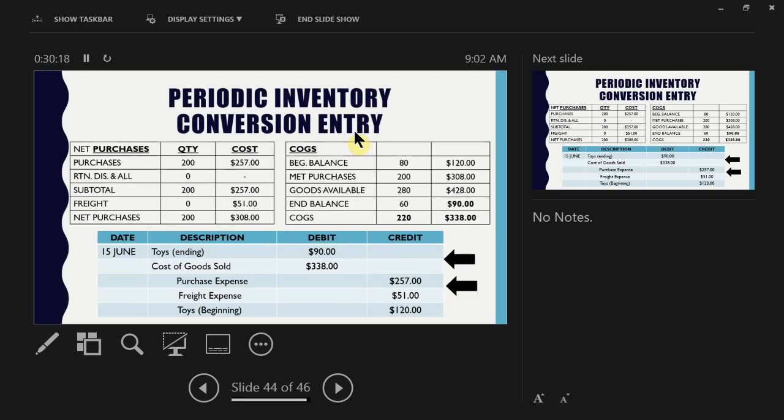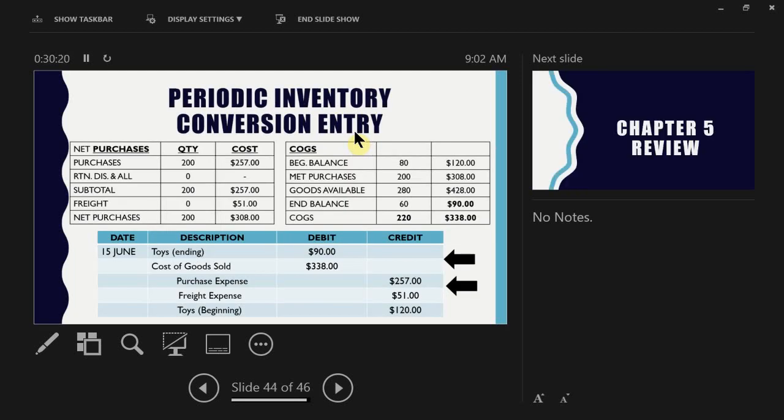And again, because we are dealing with periodic inventory, we need to complete another conversion entry. And this time, you need to remember, because we're dealing with beginning inventory and we have an ending inventory, you need to make sure that you add that beginning inventory in there in order to make our journal even on both sides.